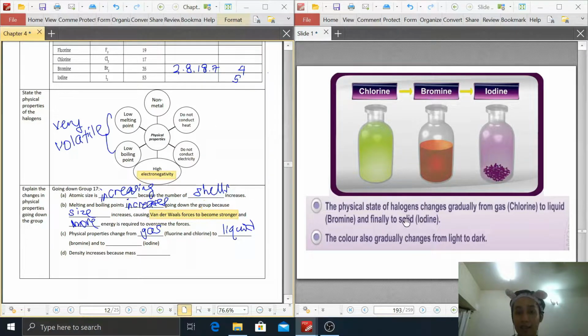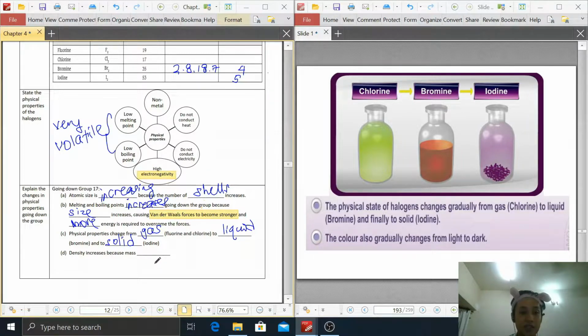And iodine is solid. Two things you need to remember: one is the color of the element, second is the state of the element. Technically from top to bottom, it's gas, liquid, and then solid. Astatine also exists as solid since it's below iodine.